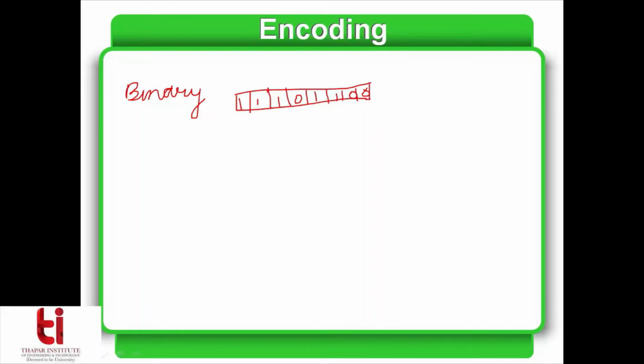I'll just continue with the example of VLSI partitioning, for which I want a chromosome. Let's say I want to partition my circuit into two halves. Okay, and I represent one by 0, another by 1, and I have 32 components in my circuit.